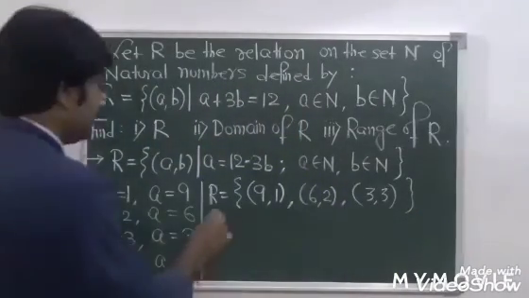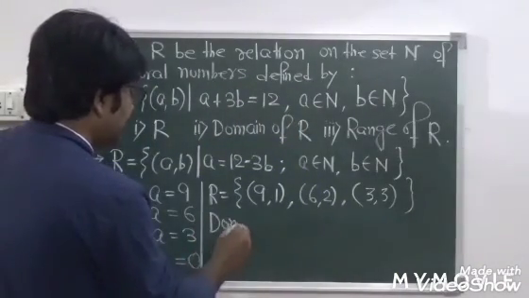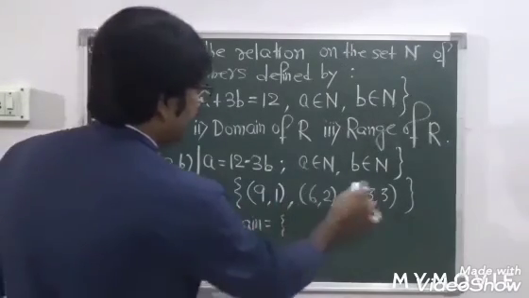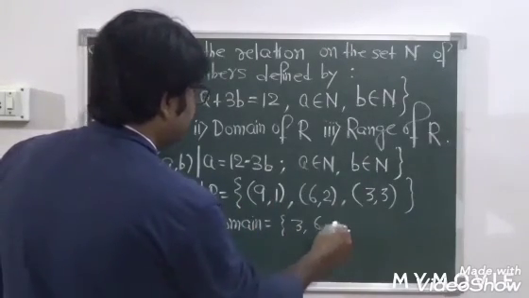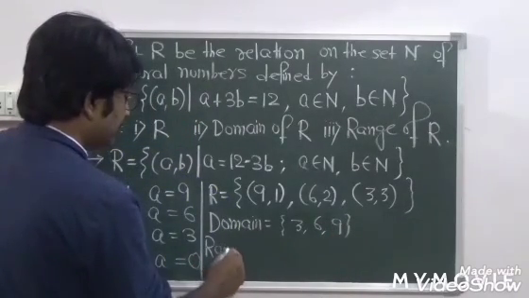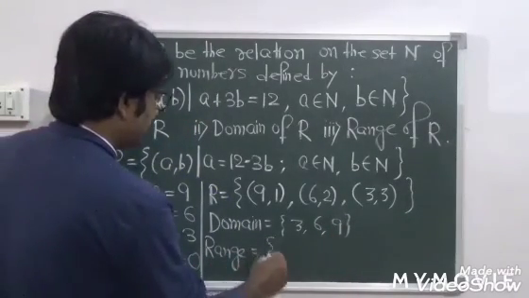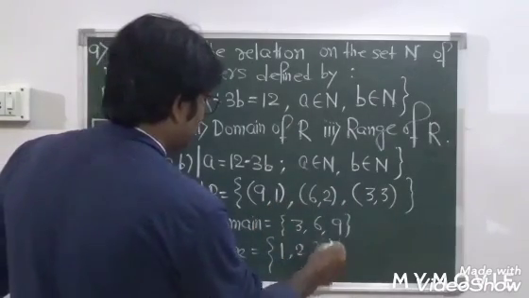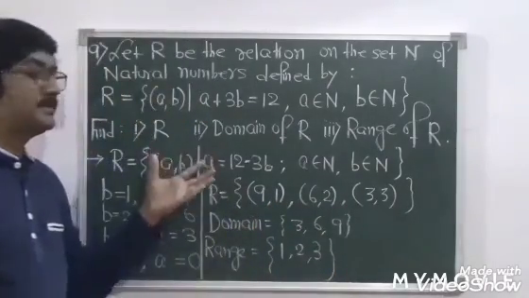Now finally we have the domain as the set of the first elements, that is 9, 6, 3, or you can write 3, 6, 9, and the range, the set of all the second elements, 1, 2 and 3. So here it is, just have a look.